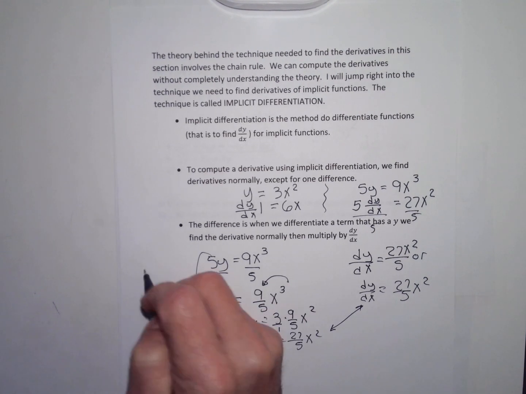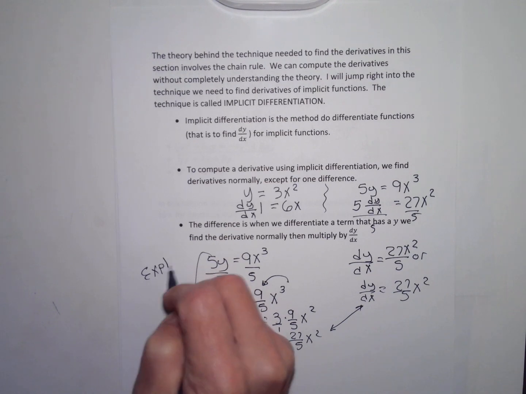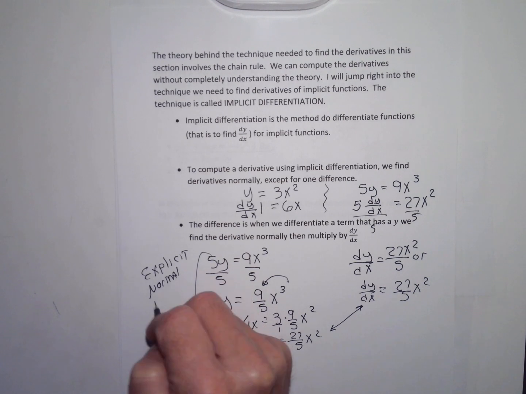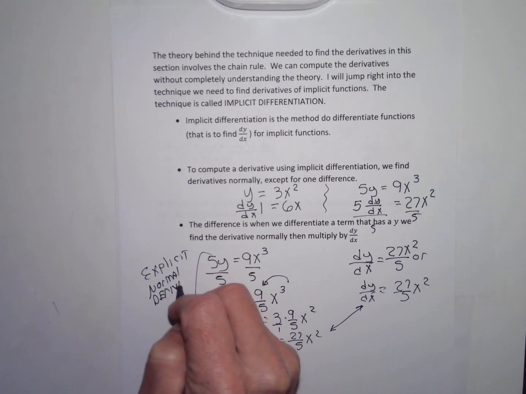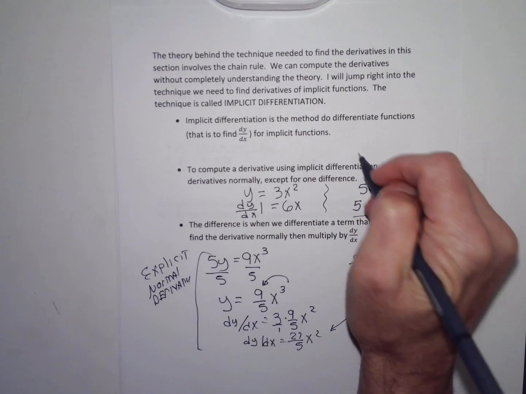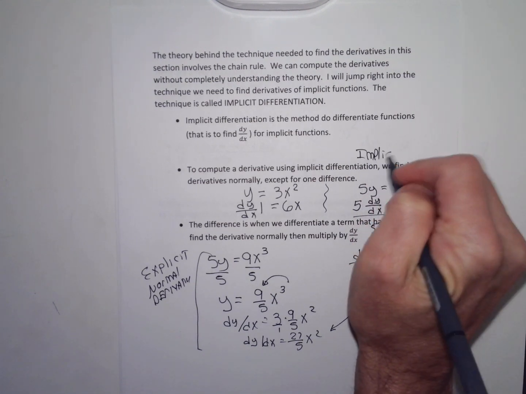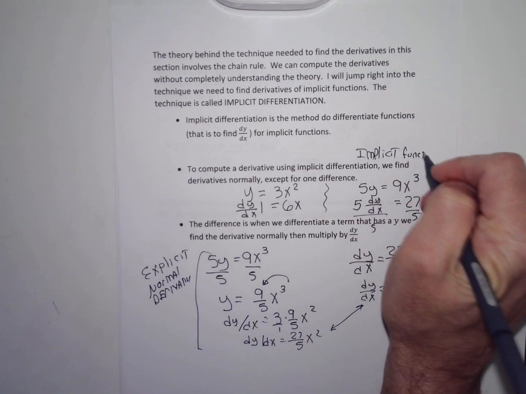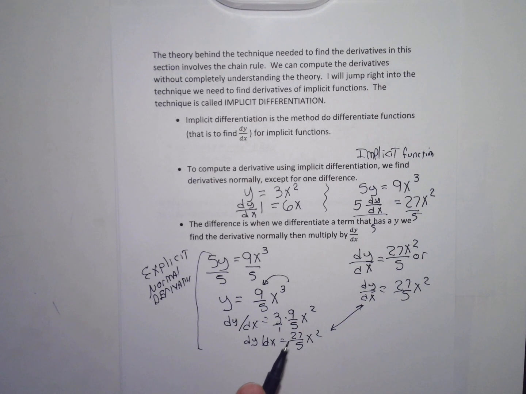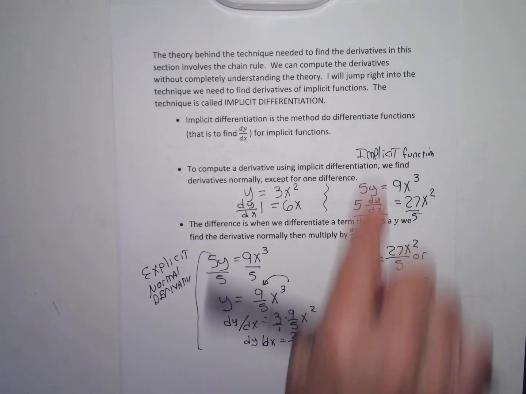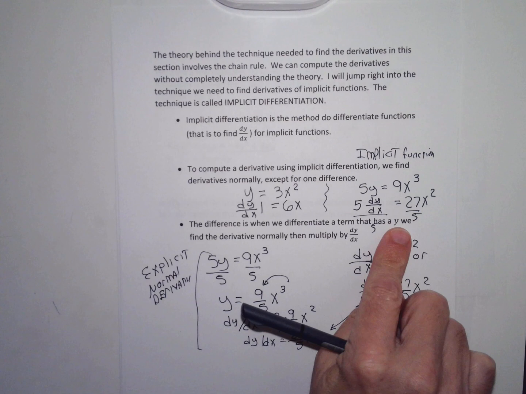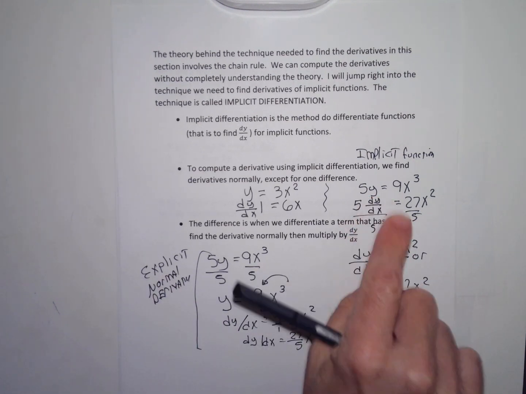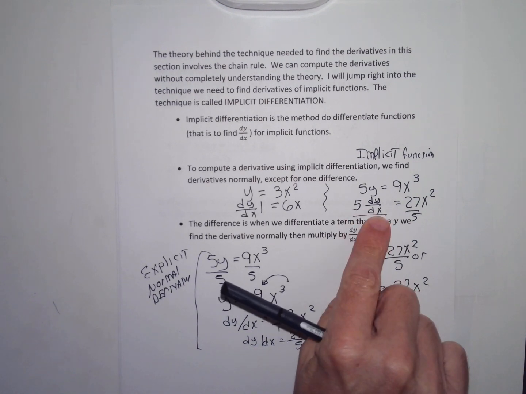This, I rewrote as an explicit function, explicitly solved for y, and did what I'll call normal derivatives. This same function written implicitly, because it's not solved for y but is pretty close to being solved for y, I called an implicit function. And to do the derivative of an implicit function, anytime there's a y term, we take every derivative normally, except when I find the derivative of a y term, after its derivative, I put a dy/dx.